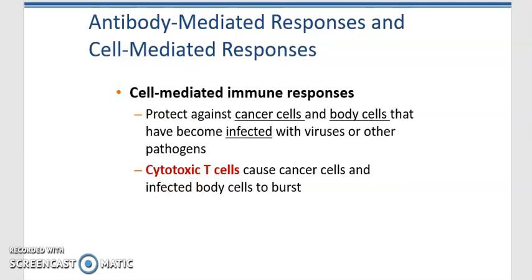And the other branch of the adaptive immune response is the cell-mediated immune response. And the cell-mediated immune response specifically involves T cells that can develop into helper T cells that can activate the rest of the immune response, can activate B cells to make specific antibodies, and can form into cytotoxic T cells.